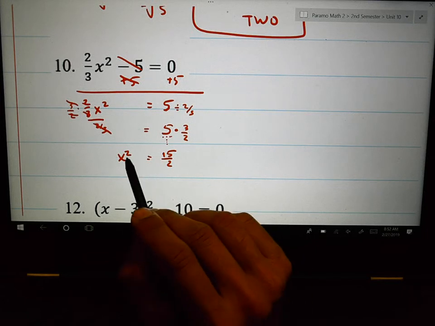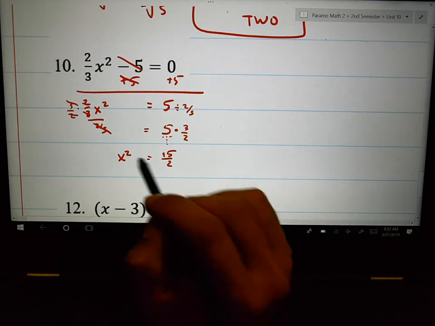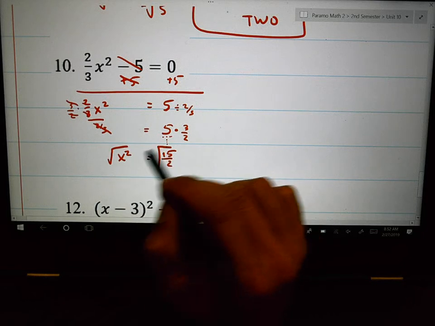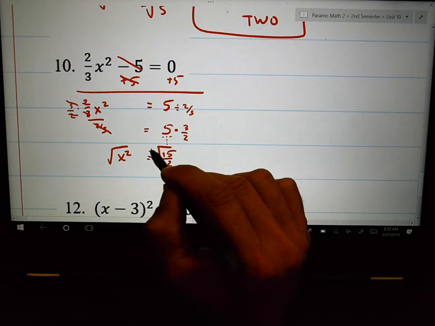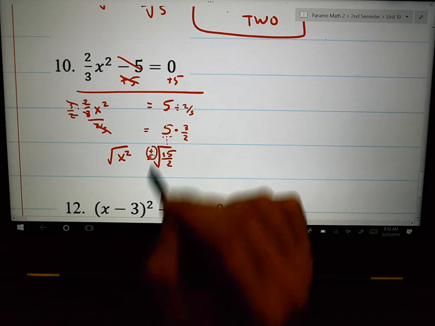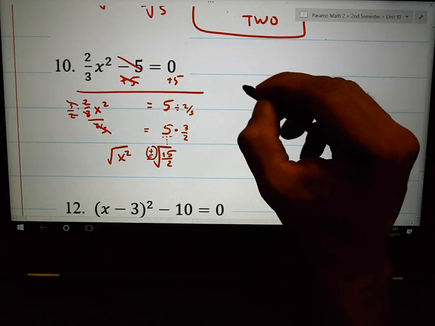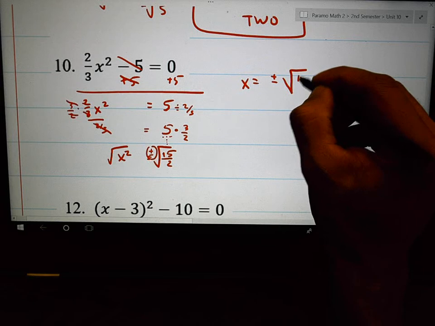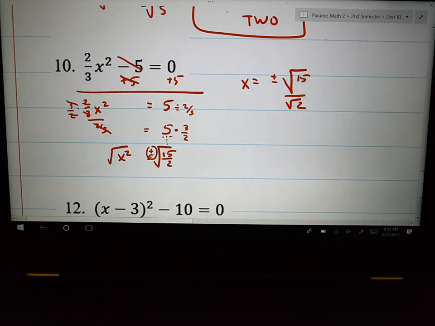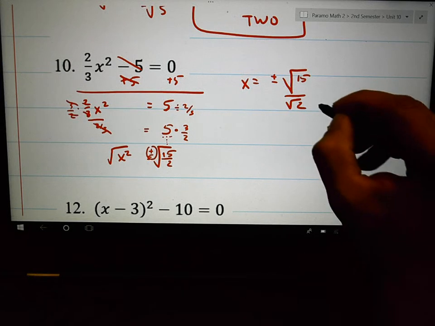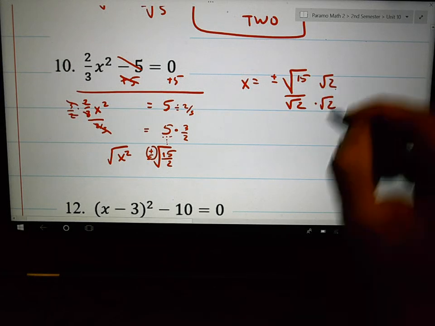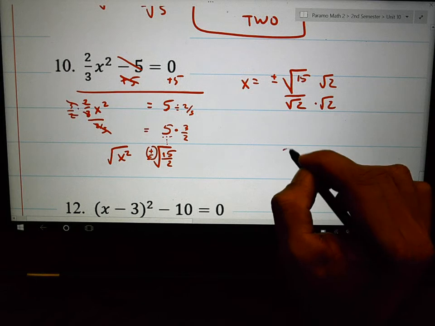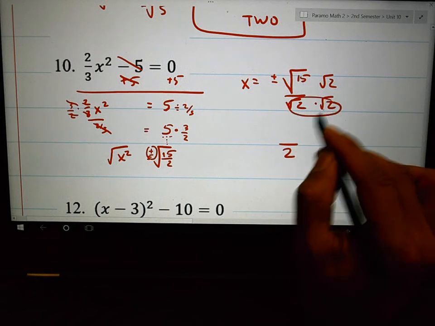Now to get rid of that little square, the opposite of square is square rooting. When you square root something squared, it's two possibilities, a positive and a negative possibility. So x is equal to plus or minus the square root of 15 over the square root of 2. We've got to rationalize now. Pair, 2 pops out.